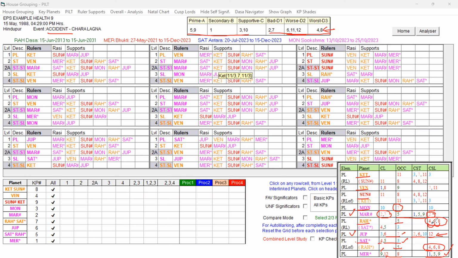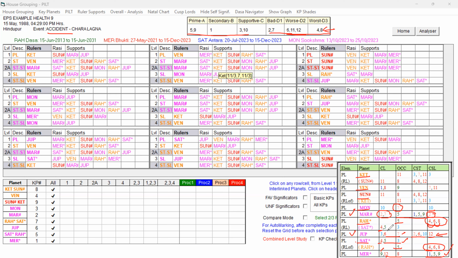So with 4, we can say vehicle injury and death. 4, 6, 8 is a threat to the longevity. 8th house is longevity, also threat to the longevity. The 4, 6, 8 grouping is supportive for the accident and can also lead to death or injury on account of the vehicle.